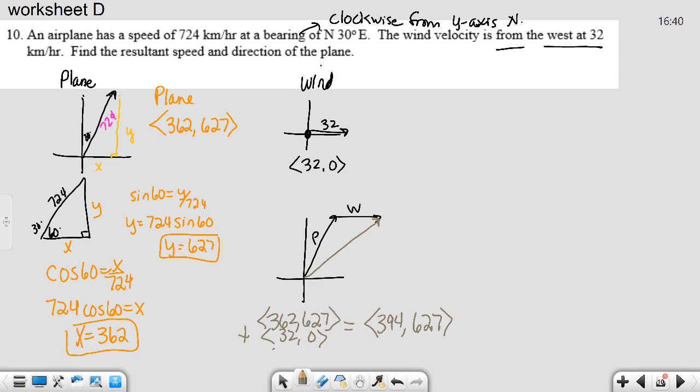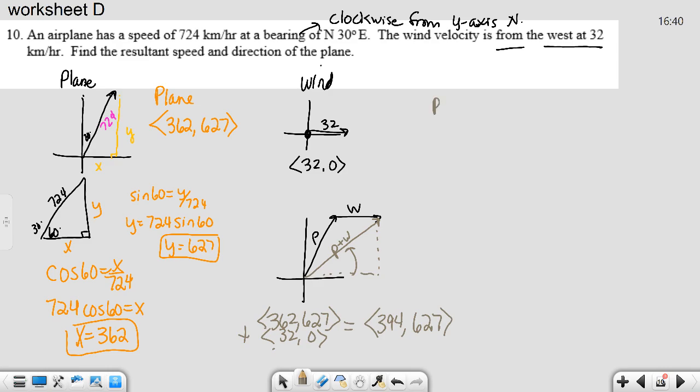That is in component form for the horizontal and vertical components of the plane plus the wind. And now we're going to determine its magnitude, which will give us its resultant speed, and then the direction, so the angle that the plane is now traveling with the wind having an effect on it.